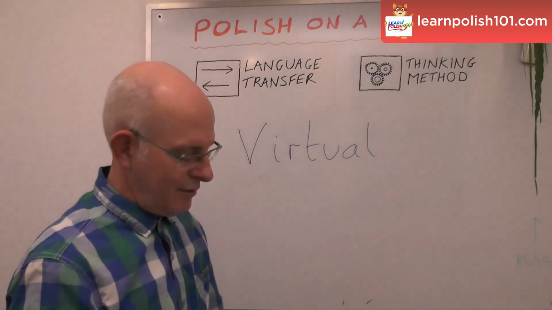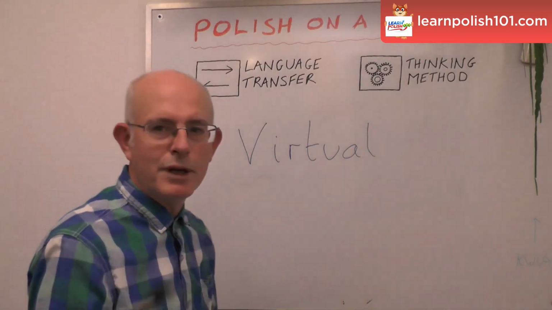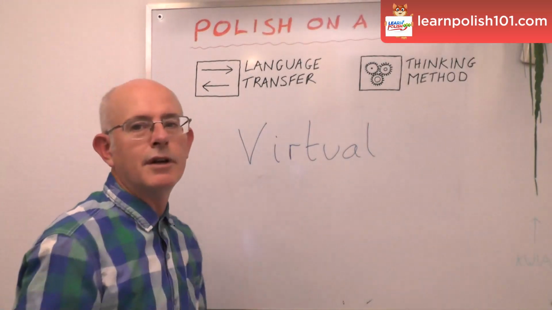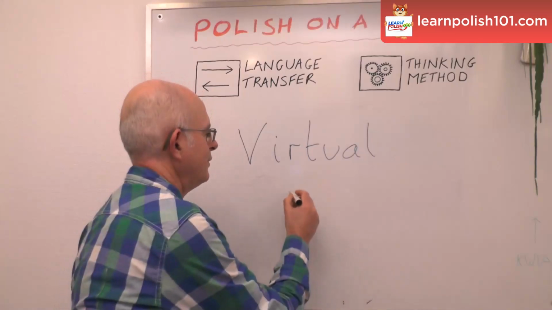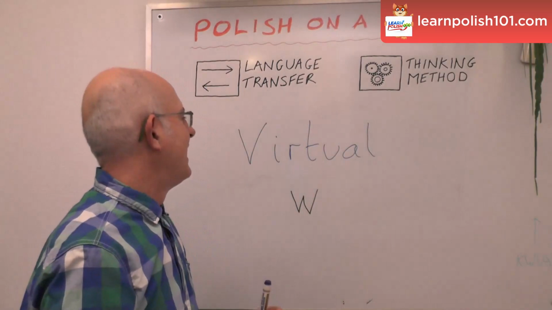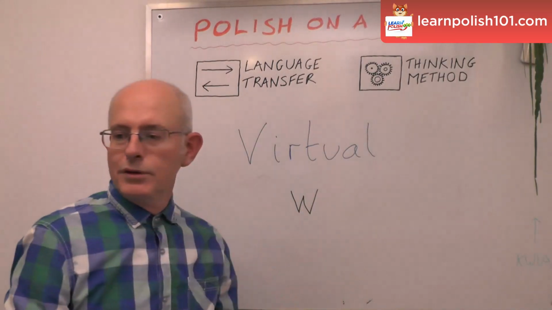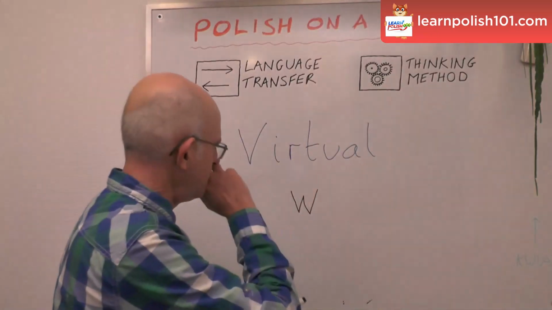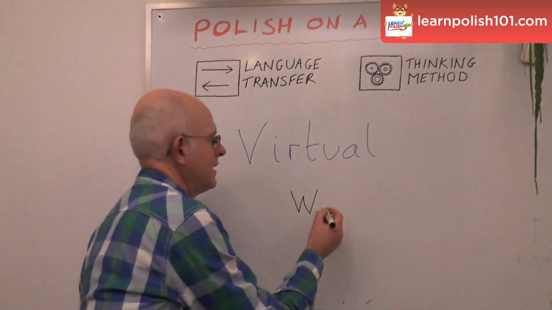Okay, so if we start from the beginning, we remember like in uniwersalne that there is no letter V. We need the double V, or W. We also know that the I is like in ski.